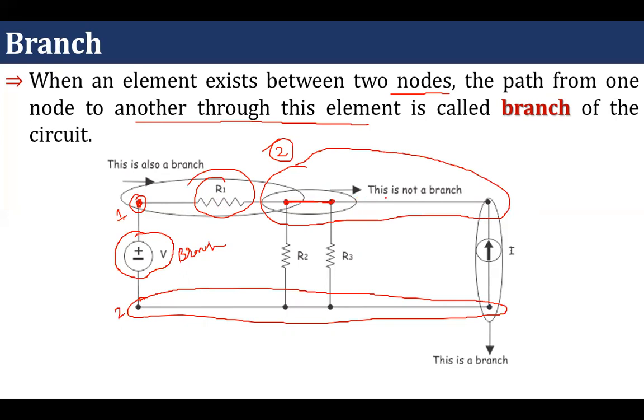So here it is written, this is not a branch, because there is no circuit element connected between these 2 nodes. Similarly here also, if I consider these two, they are not a branch, there is no circuit element.